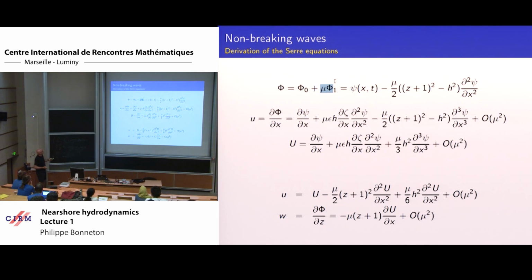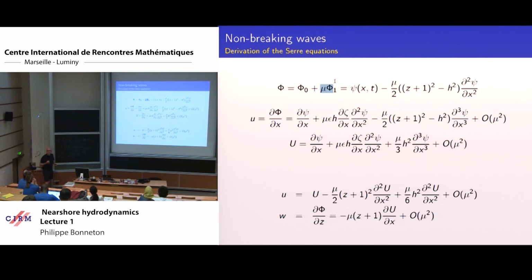To obtain the horizontal velocity, you have just to derive phi by x, and you obtain this expression. You can integrate over the vertical the small u, and you obtain the depth average velocity, capital U, in function of the velocity potential at the free surface.